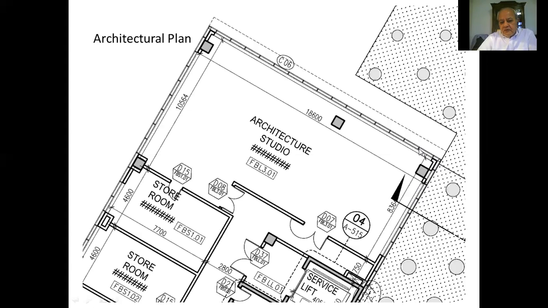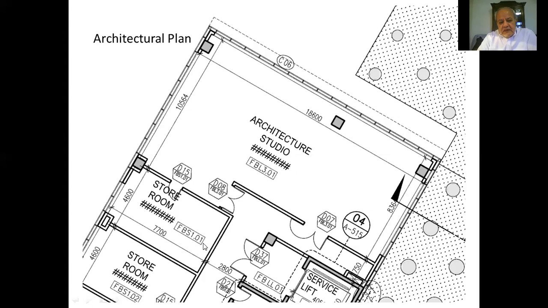So we work with the building envelope, and we develop a detailed plan with dimensions, with room names, with room indications, numbers, so that we can use it for the finishing materials schedule. So this is the first stage that the architect goes through and works on the architectural plan.